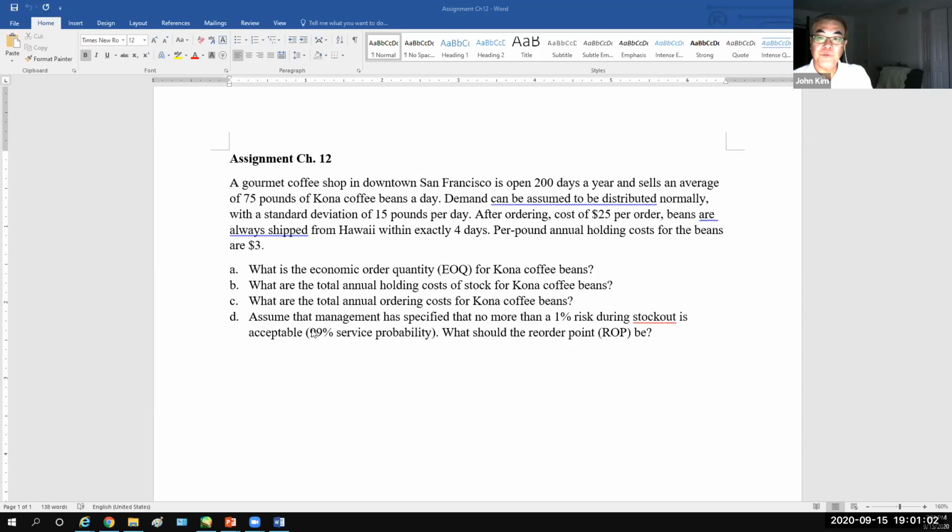Then if the service probability is 99%, that is less than 1% risk of stock out, using the safety stock model, find the reorder point, ROP. And the due date is next Monday, midnight, that is September 21st.